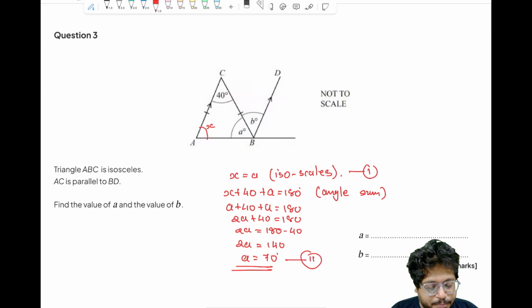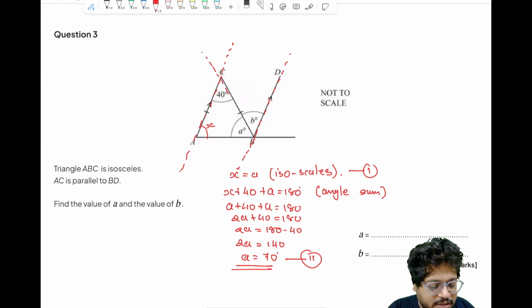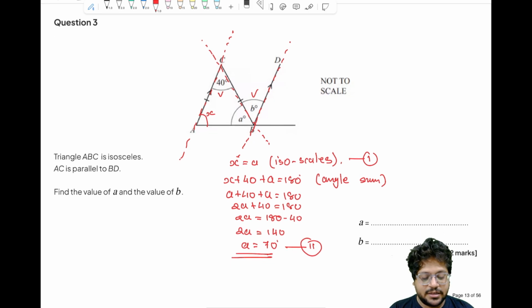Now if I talk about B, if these two lines, AC and BD, are parallel to each other, which is given in the question, and this is a transversal line, in that case this 40 and B both are alternate interior angles of each other, right? When two lines are parallel and there is a transversal line intersecting them, then alternate interior angles are equal to each other.